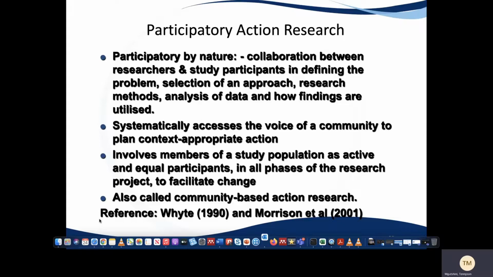And it systematically is about accessing and utilizing the voice of a community to plan context-appropriate action. And of course, by virtue of the nature of collaboration, the individuals in the affected population are in themselves now acting as researchers. They're equal participants in all phases of the study as far as is possible. And sometimes people have referred to it as community-based action research.